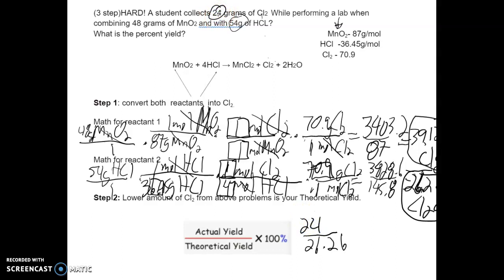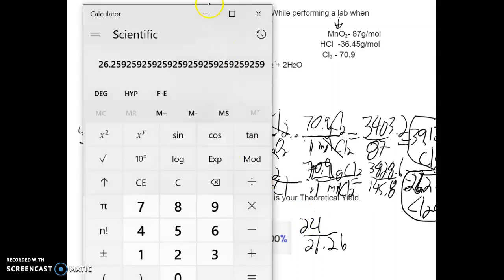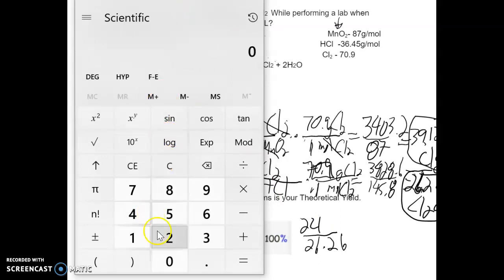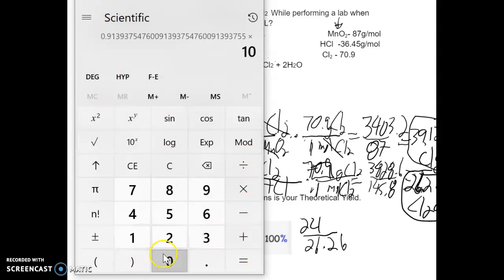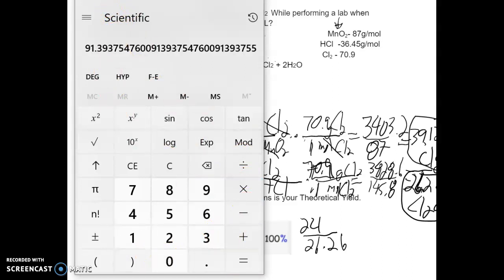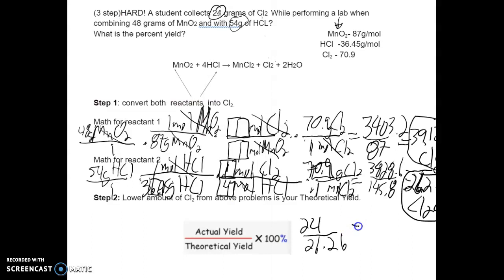So 24 divided by 26.26 times 100. 24 divided by 26.26 equals 0.91, times 100, 91.4%. That's pretty good. 91.4% yield. Very, very long problem. This is as hard as it gets. Good luck.